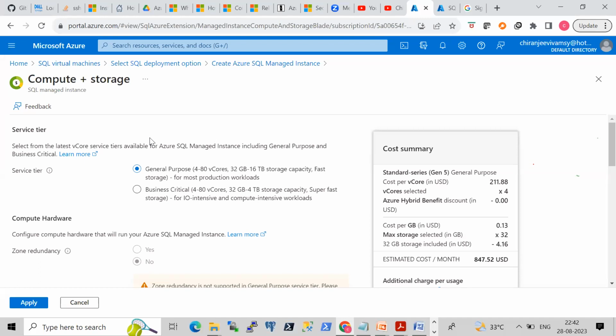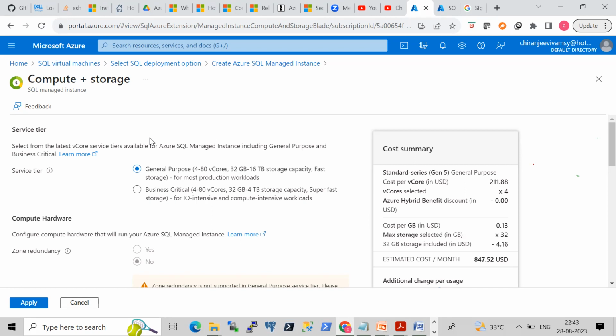If your database sizes are 100 terabytes and you would like to move to the platform as a service world, that is the only option we've got. I repeat, if your databases are 100 terabytes in size and you'd like to go with platform as a service as your choice, you have to go with hyperscale only. There is no other option currently supported.